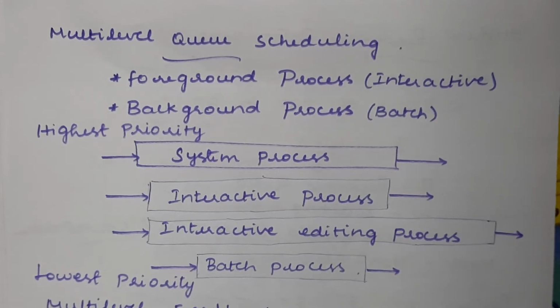Otherwise, if it gets any interrupt or any IO request, only at that time can the process be released from the CPU. Otherwise, it will not release that particular process. After the completion of that process, only then can it be released from the CPU. So this is what non-preemptive is. So FCFS works only under this non-preemption.